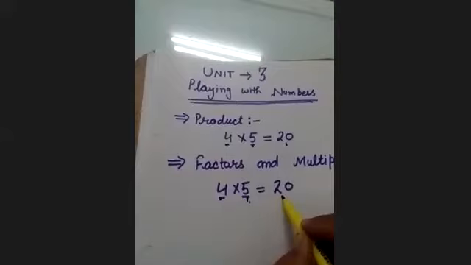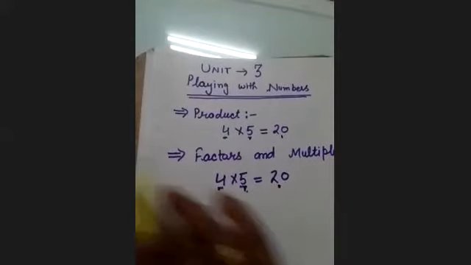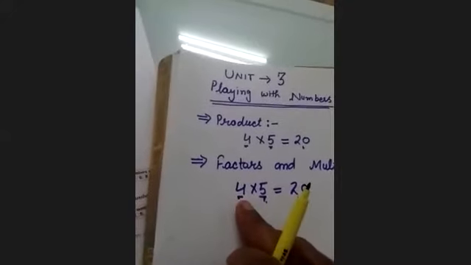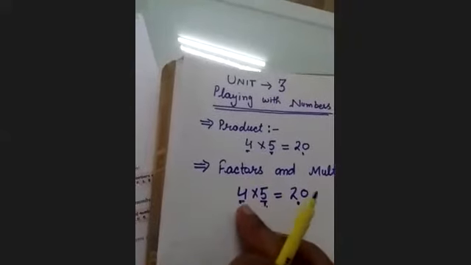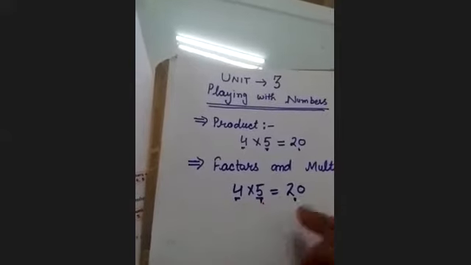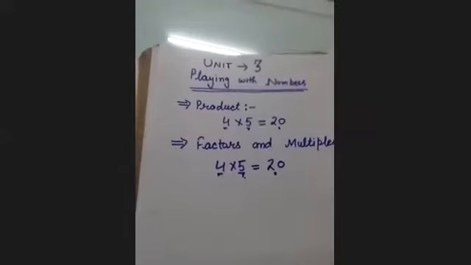Yes, friends, in simple words, each of the numbers which we multiply together is known as a factor, and the result which we obtain by multiplying is known as a multiple.